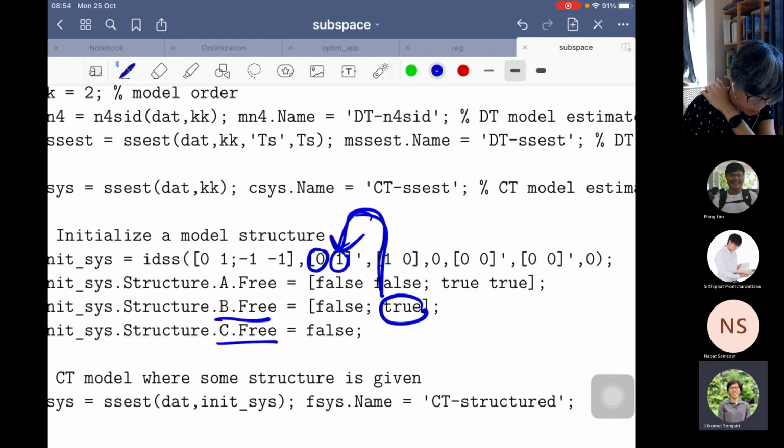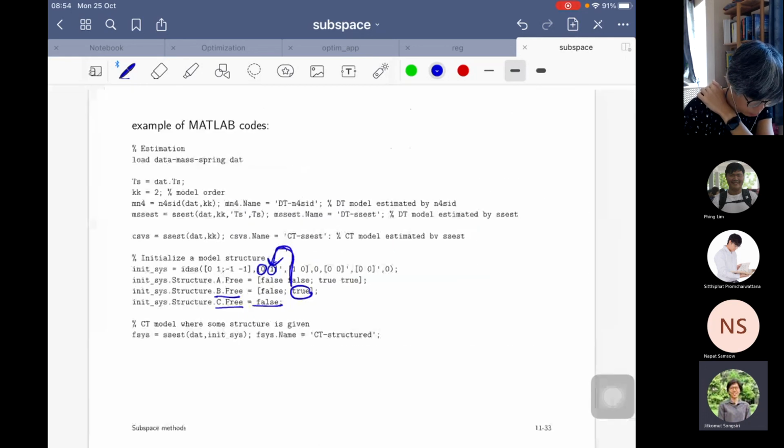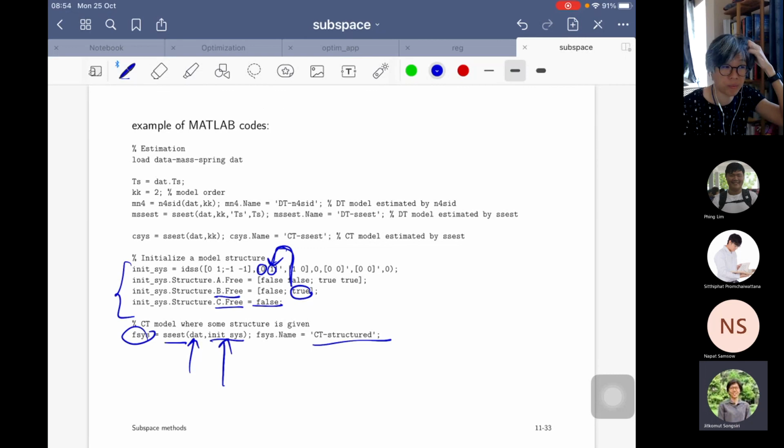For the matrix C, you want it to be fixed, so you keep everything false. Then you use the SSEST command using the data and specify init sys, where you already put the information, and that returns the CT structure.